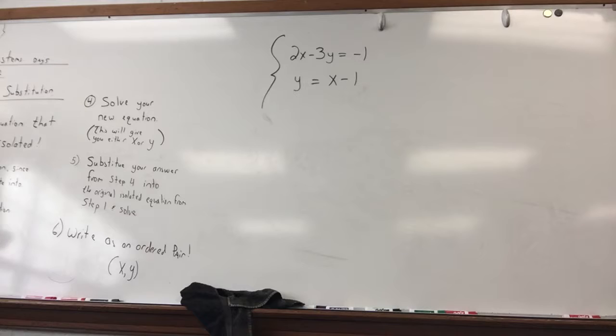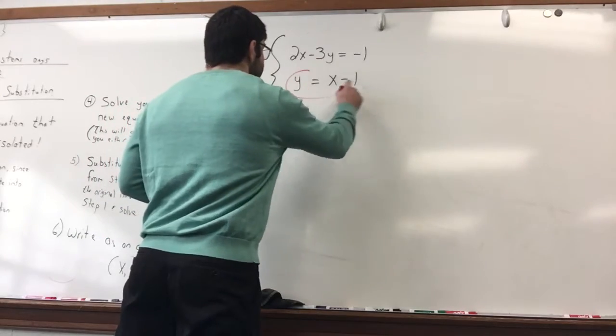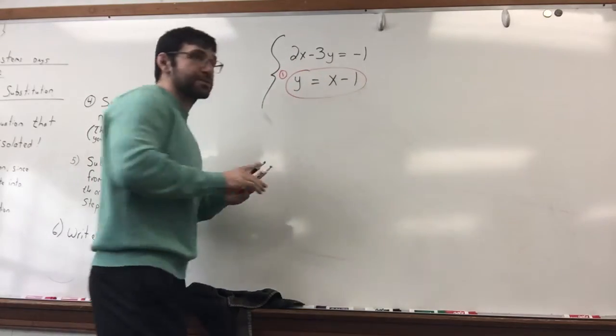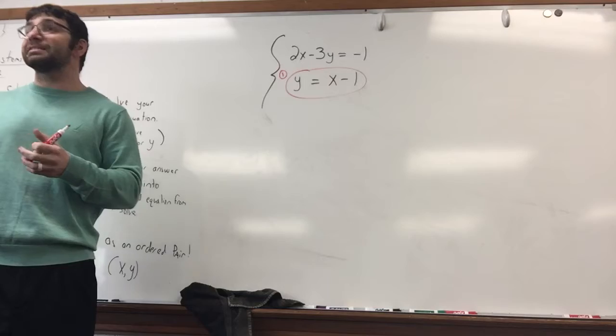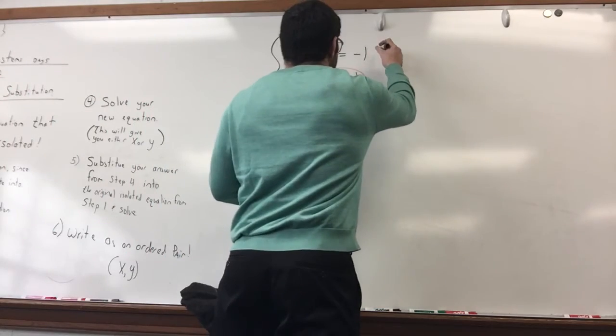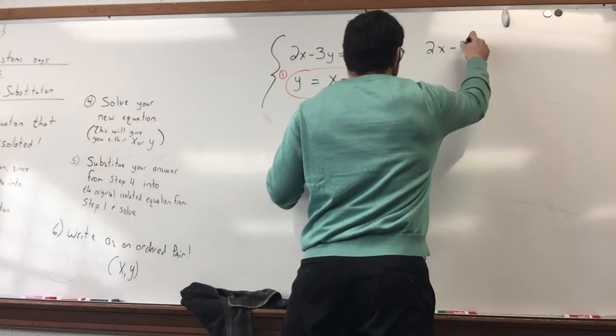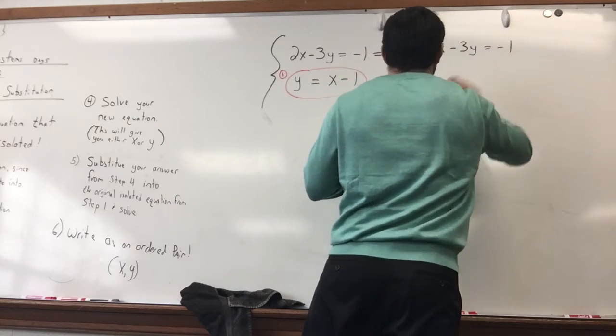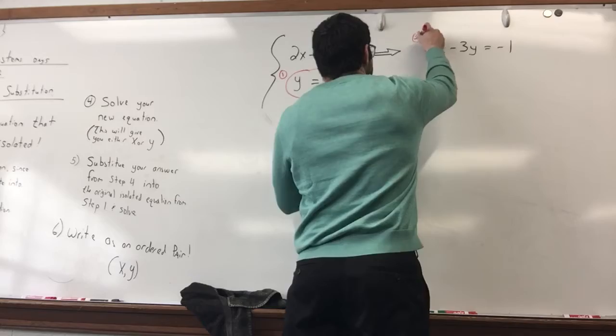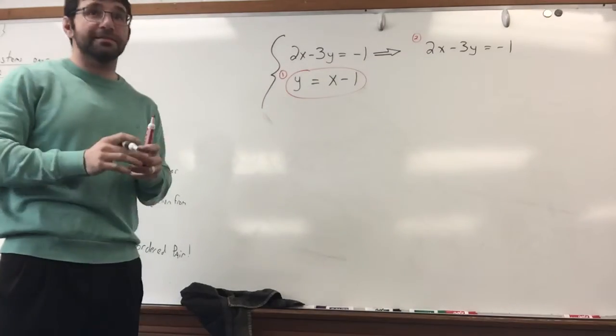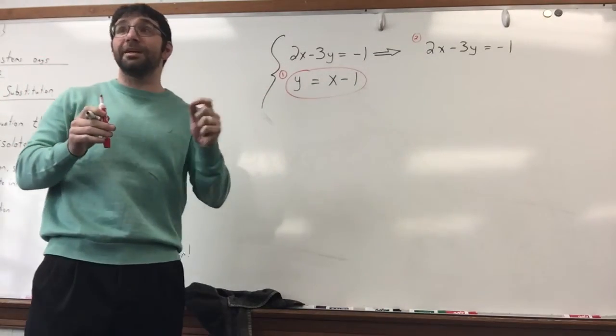Step 1, what do I need to circle? Y equals x. Good. Y equals x minus 1 is my first step. Which means step 2 is rewriting the other equation. 2x minus 3y equals negative 1. My favorite part about this is nobody substituted in incorrectly.